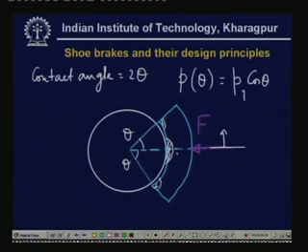Now it is very easily seen that at theta equal to 0 the pressure is maximum, P1, and at theta equal to some level here it is a little lower. So if you schematically represent the pressure distribution, it looks somewhere here.